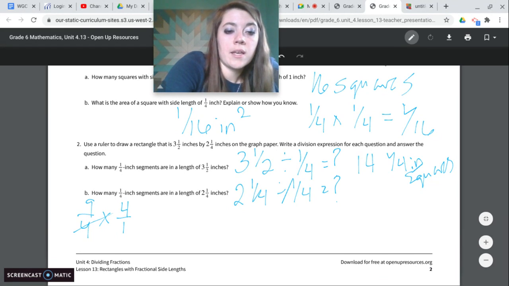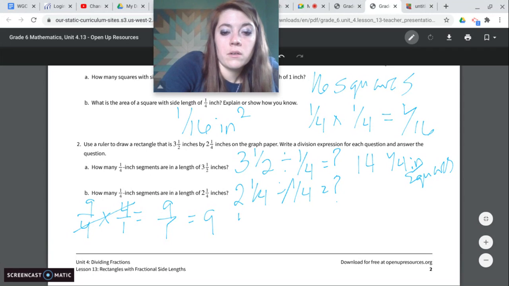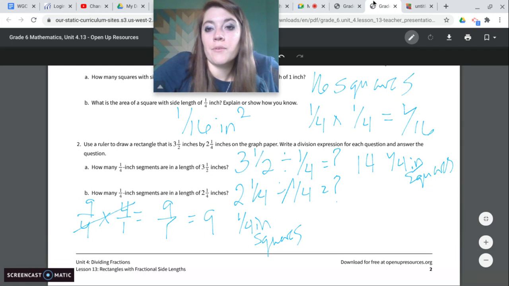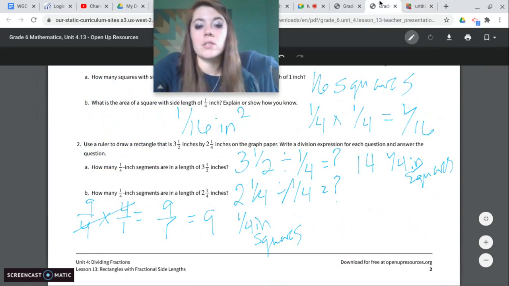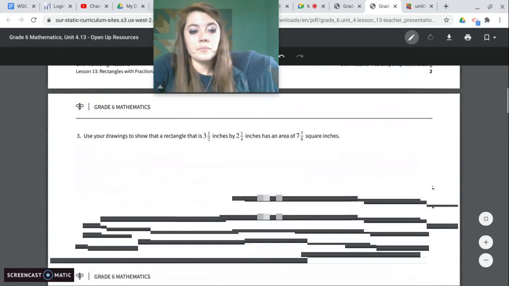Our 4's can cancel, so we're left with 9/1, or 9 1/4-inch squares. And if we go back to this, we could see 1, 2, 3, 4, 5, 6, 7, 8, 9. It is 9 1/4-inch squares. So we got that right.